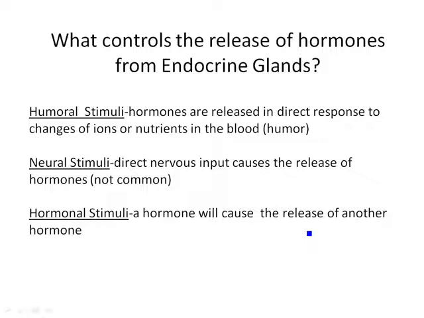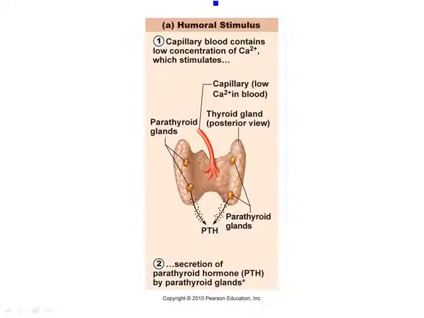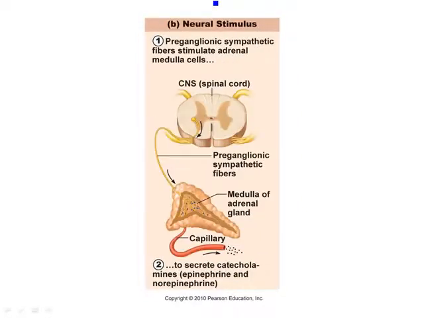Then you also have what's called neural stimuli, and I've got little slides here showing this. Neural stimuli is where you have direct nervous input, and that causes the release of hormones. This is not a very common way for hormone activity to be controlled.